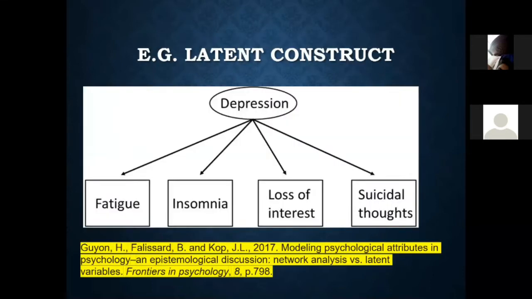So this is, for instance, a latent construct. You have depression as your latent construct. In this figure, as you can see, there are 4 indicators that can reflect depression, which is fatigue, insomnia, loss of interest, and also suicidal thoughts.